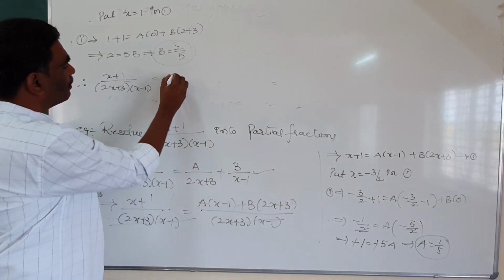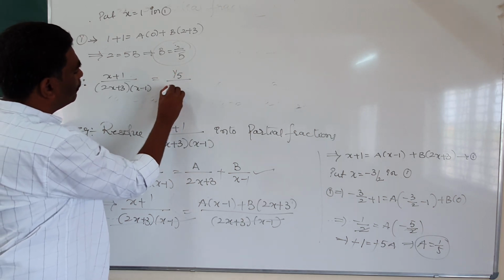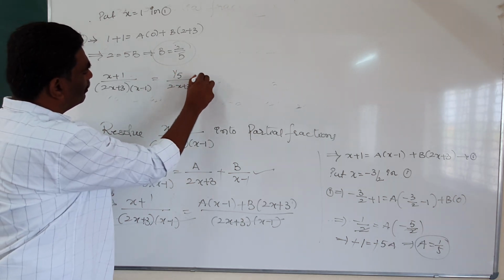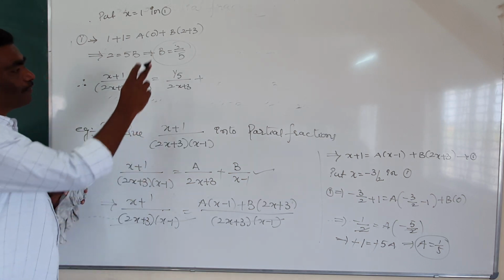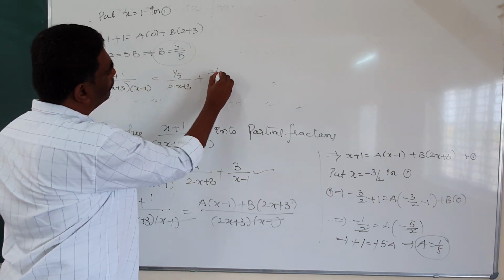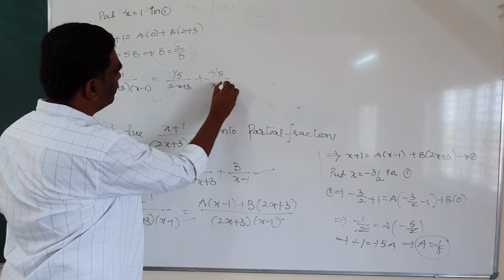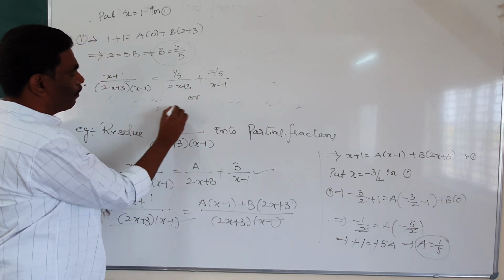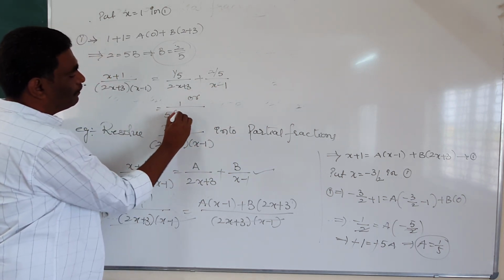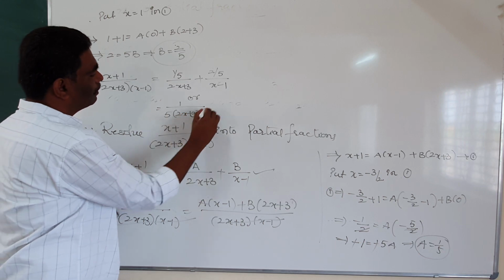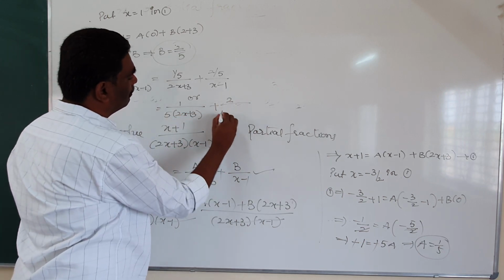What is A? 1/5. What is B? 2/5. So it is (1/5)/(2x + 3) + (2/5)/(x − 1).